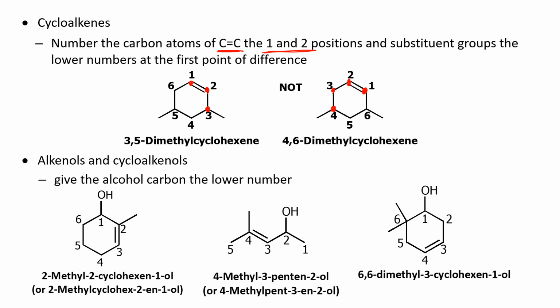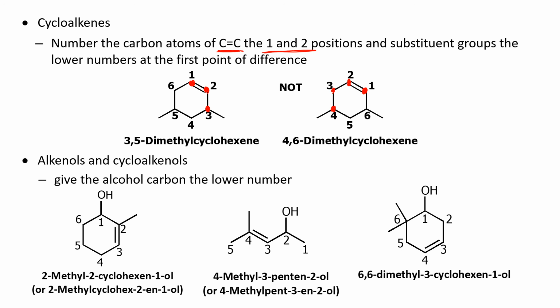So the key here is number through the alkene in the direction that gives you your first substituent the lowest possible number. So we have 2 methyls at the 3 and the 5 position. So that's going to be a 3,5-dimethyl, and it's a cyclohexene.